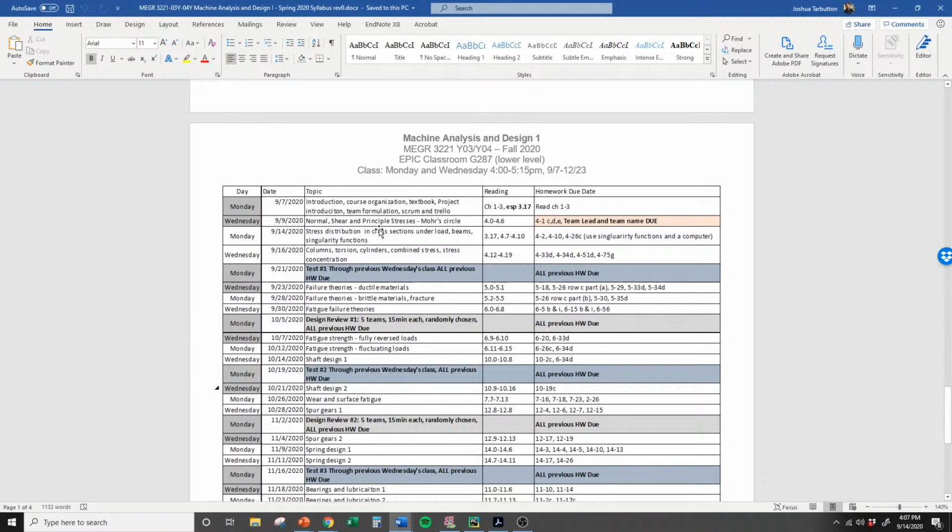We'll cover stress distributions and cross sections and some beam equations. We'll see how far we get with the singularity functions. Probably have to add a supplemental video for that. You should be doing the homework. So you should have done the first and second homework, and you should have identified a team lead, and everybody should be assigned to a team.